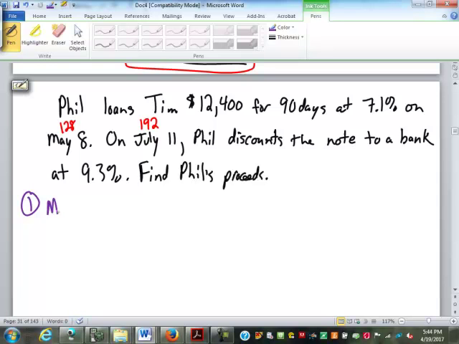12,400. Multiply by 0.071. And then multiply by 90 and divide by 360. Yes, we're finding the maturity value of the original note.